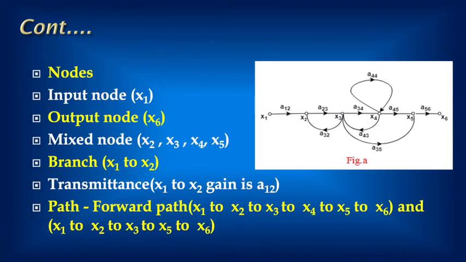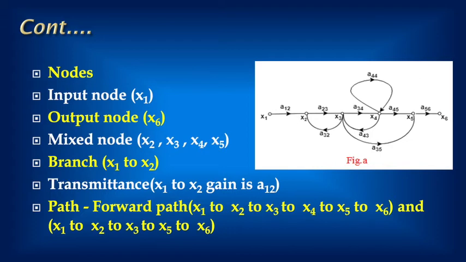Nodes represent the system variables. They are input node and output node. An input node has only outgoing branches. This is x1. An output node has only incoming branches. This is x6.